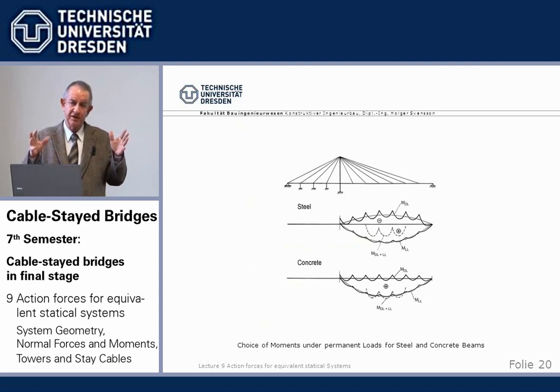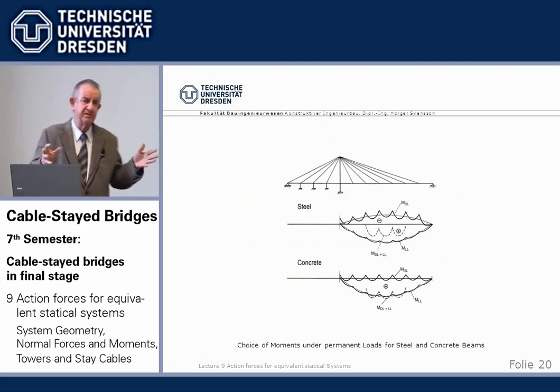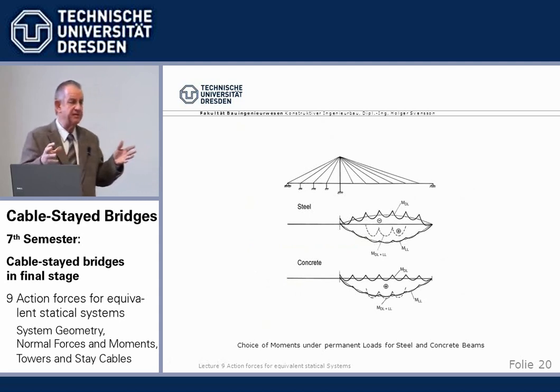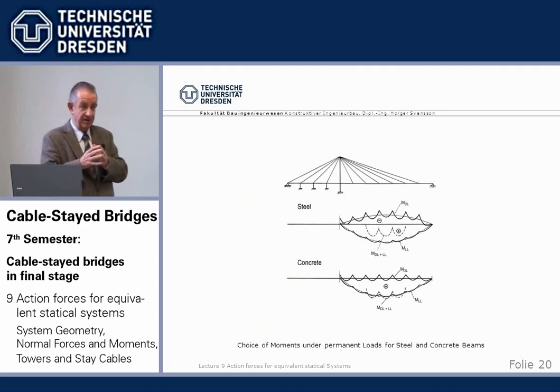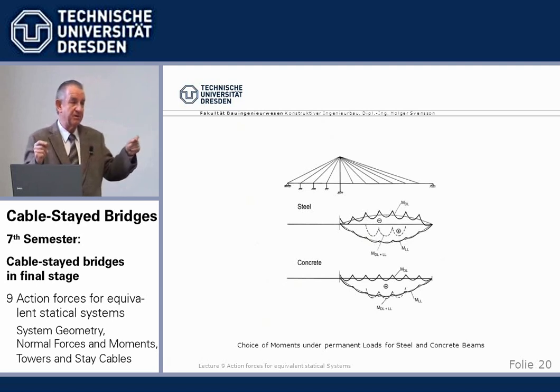Now, the third approximation system, equivalent system, although it sounds strange now, is the beam on rigid foundation. For permanent loads, we assume that the beam is rigidly supported at the cable anchor points. That's our third equivalent system.